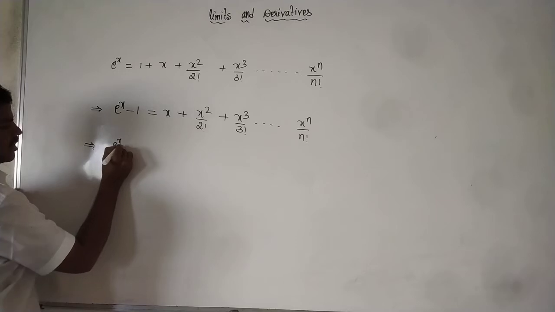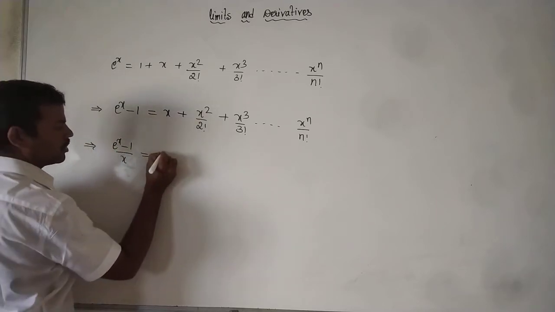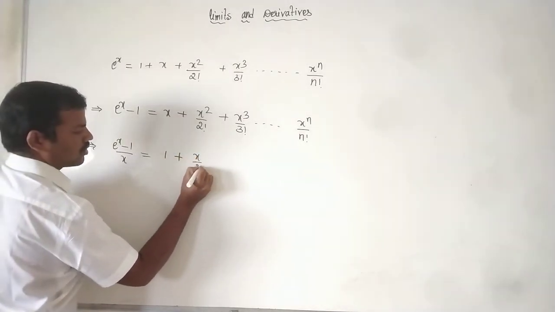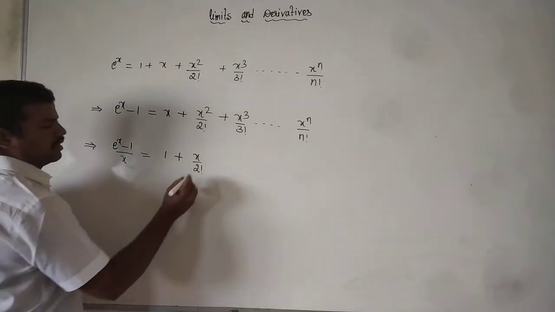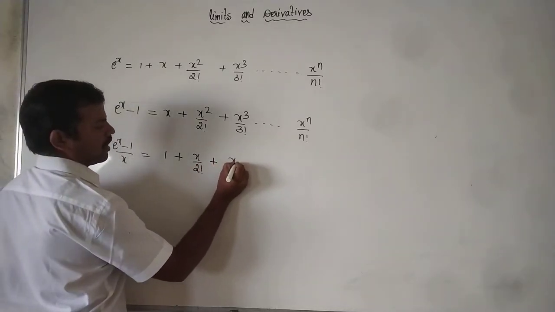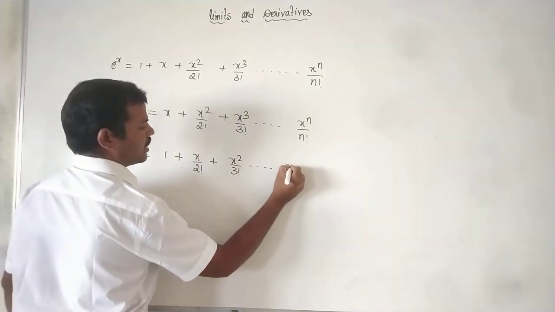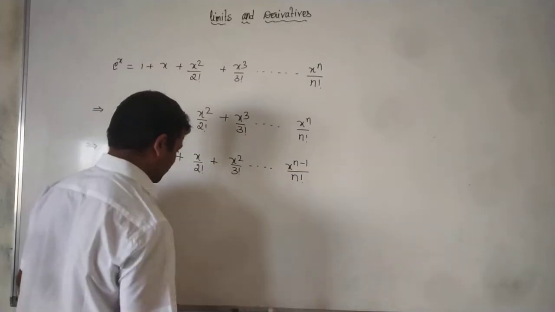E raised to x minus 1 divided by x is equal to 1 plus x by 2 factorial plus x square by 3 factorial, and so on, up to x raised to n minus 1 divided by n factorial.